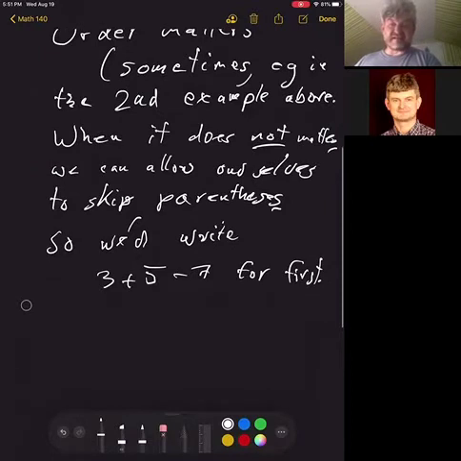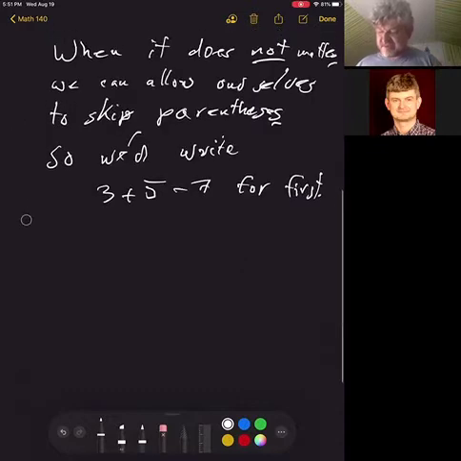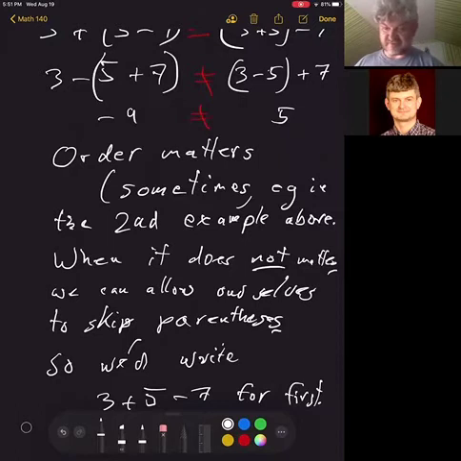In the second example, to really pick what we mean, we can't just skip the parentheses. It's either this or this, left or right. But if it doesn't have parentheses, then reasonable people will just say, do it in the order in which they come.